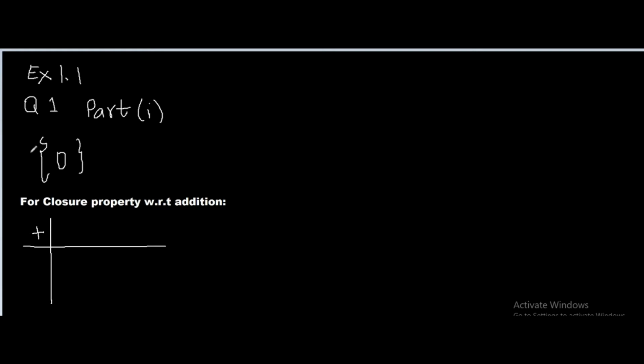Now you have to look into this set and check how many entries this set has and what they are. This set has only one entry, and that is 0. So you must write this 0 horizontally towards the right of the plus sign.